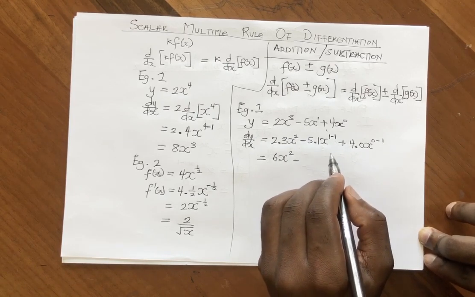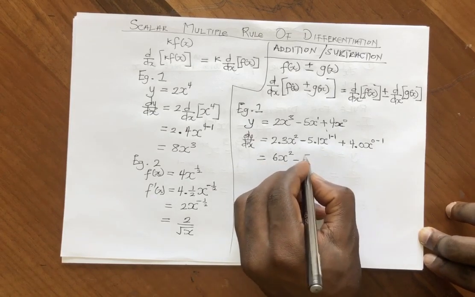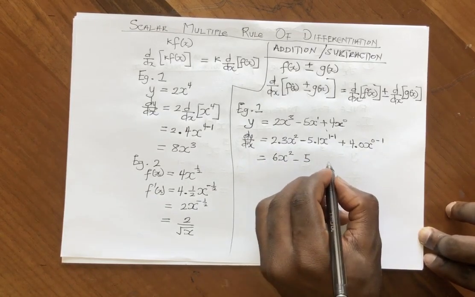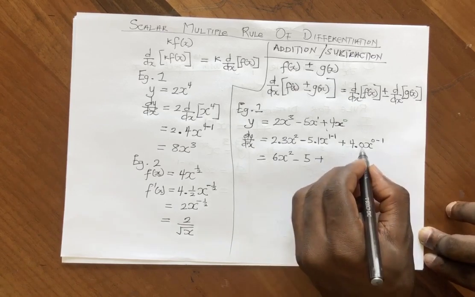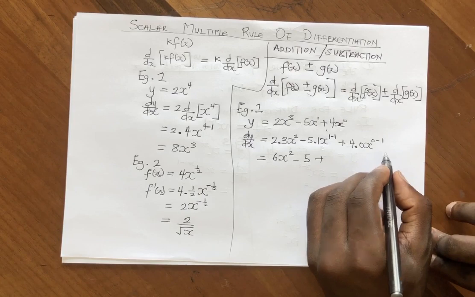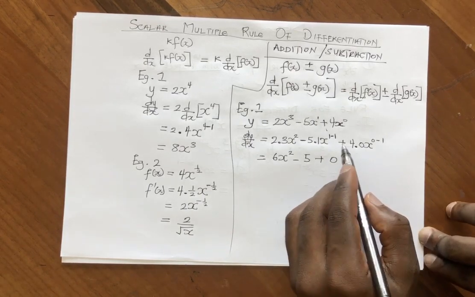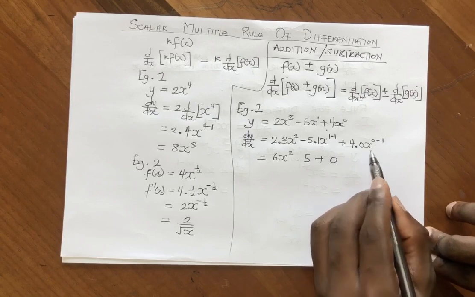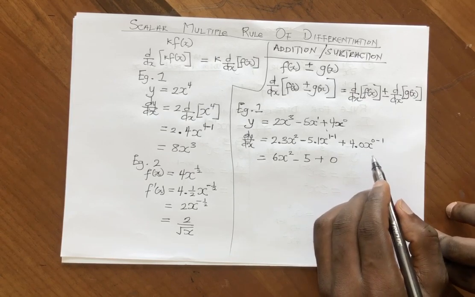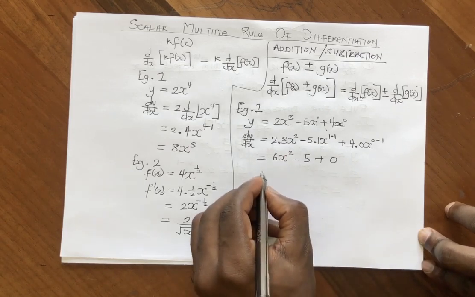X raised to the power 0 is 1 because any number to the power 0 is 1, which means our answer is 5. Now see this. 0 times 4 is 0, and 0 times x raised to the power negative 1 is also 0. This is the main reason why whenever you differentiate a constant, the answer is 0. So put this in mind. The differential of a constant is 0.